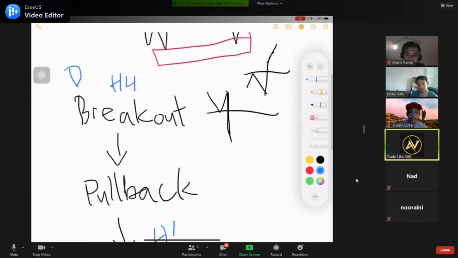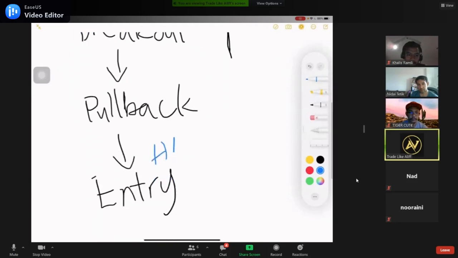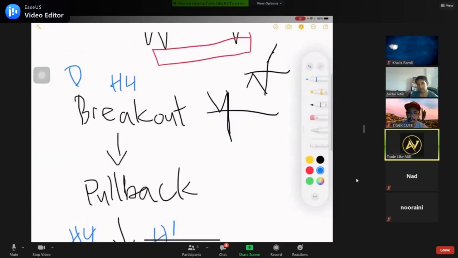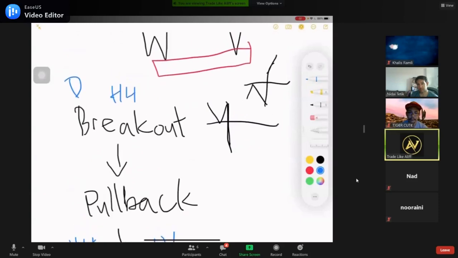If we find our breakout on daily, we'll find our entry at H4. I like to trade using H4 breakout and daily breakout. I don't really go lower than that. I go to H4, H1 for intraday, daily, H4 for scalping.